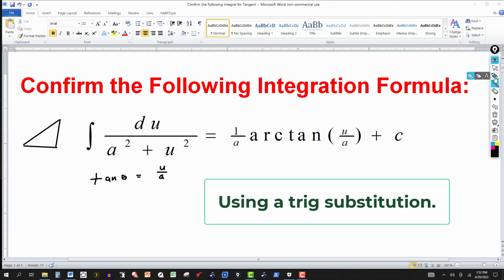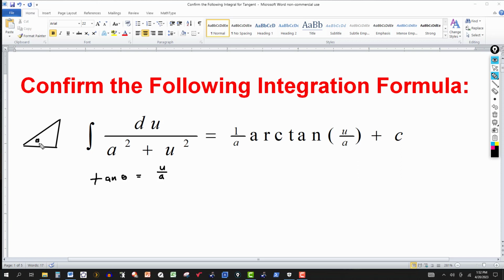So I've got a right triangle. This will be theta here. Then over here I have u. This will be a. And the hypotenuse will be the square root of a squared plus u squared.